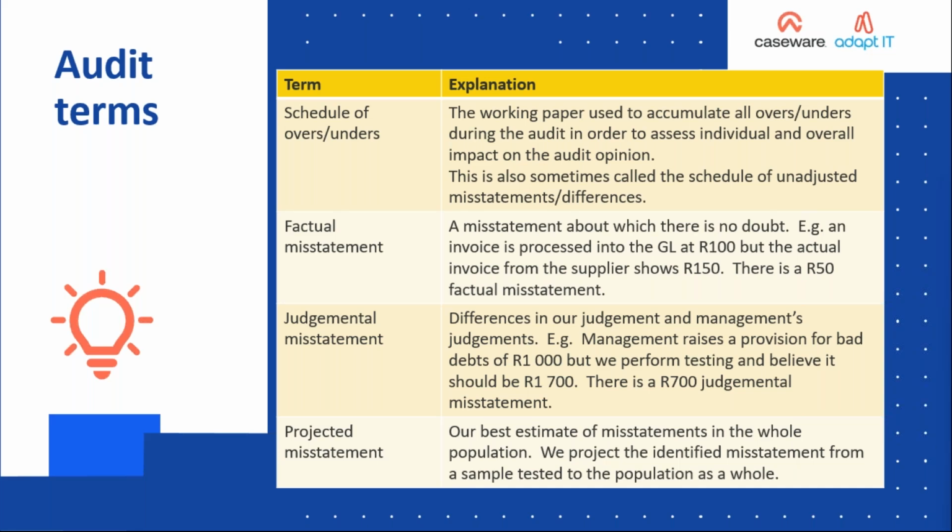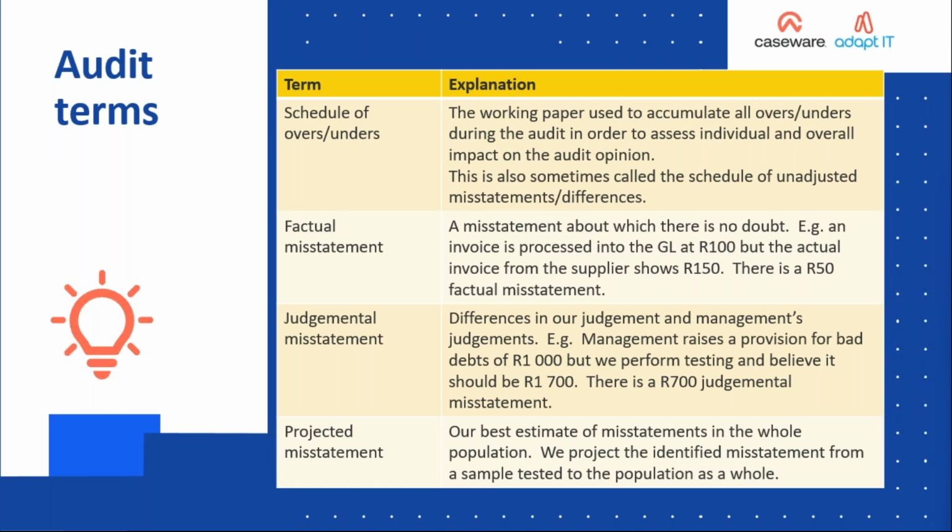We will go through the document either in this session today or later, where we show you those unadjusted misstatements or differences, and the impact that it has on your audit opinion.